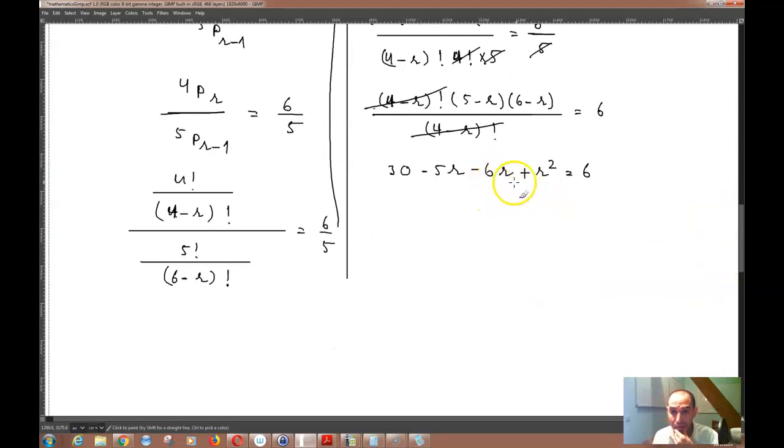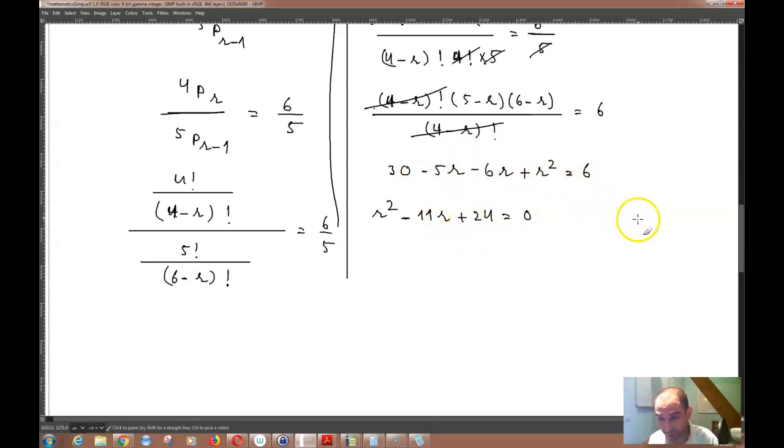And so what that means is that r squared minus 11r, and then over here 30 minus 6 is equal to plus 24 is equal to 0. r squared minus 11r plus 24 is equal to 0.